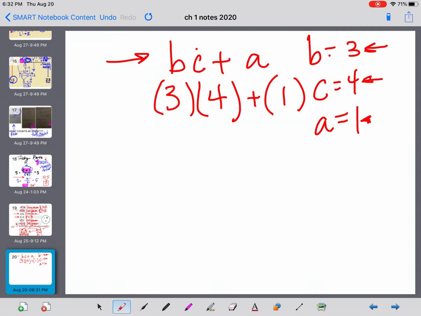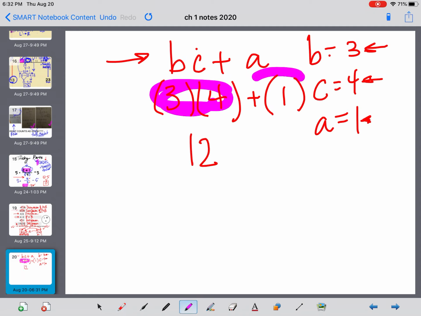Remember, now everything's in parentheses here, right? So I'm going to multiply these two together first. They are multiplication or division, so they go first in the order of operations. So 3 times 4 is 12, and then right over here, that's just plus 1. Oh, now I know I said parentheses or multiplication, but there's nothing else in here.